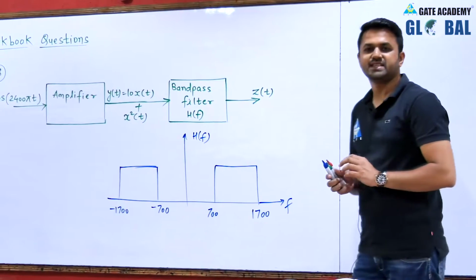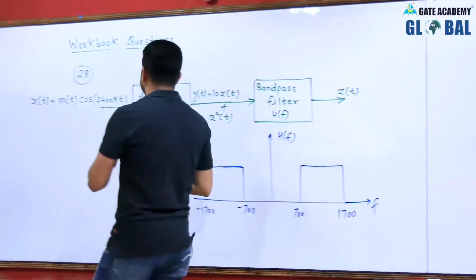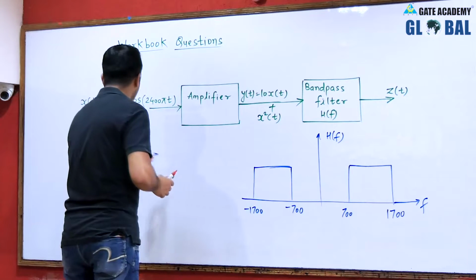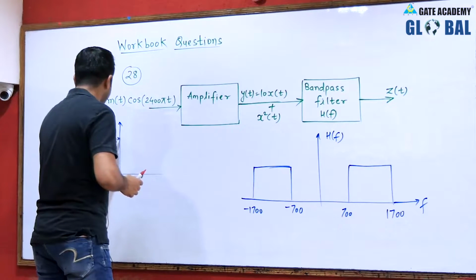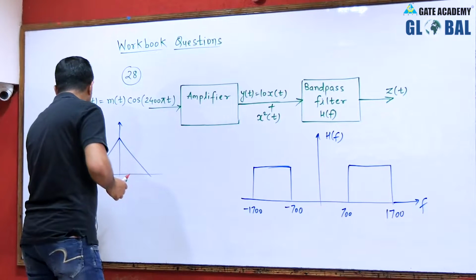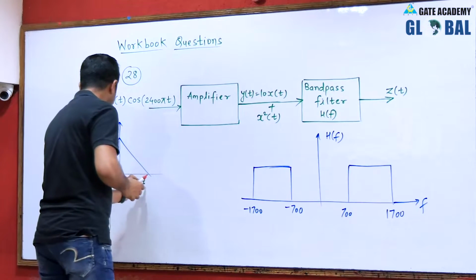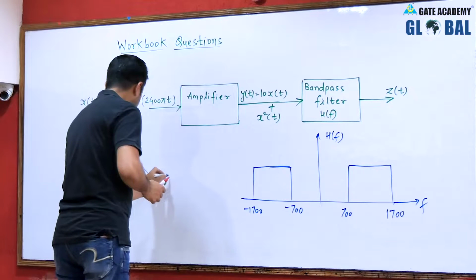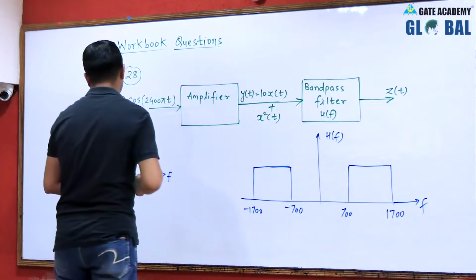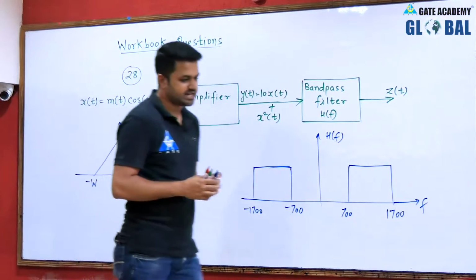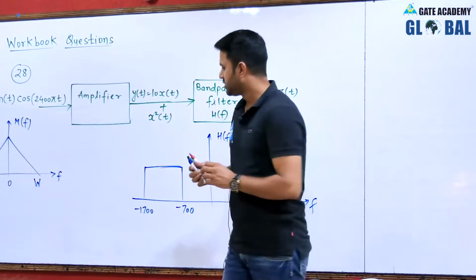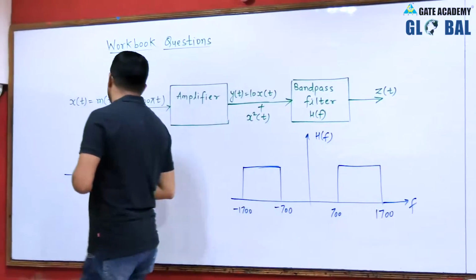It is also given that the signal m(t) has bandwidth W. So we can draw the spectrum like this. It is given that the signal is a low pass signal with bandwidth W, so we can assume any spectrum.